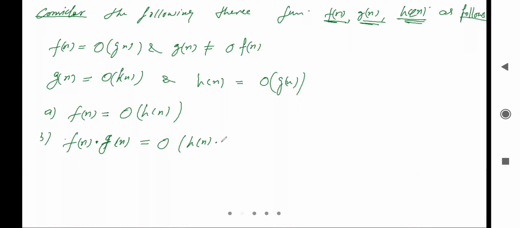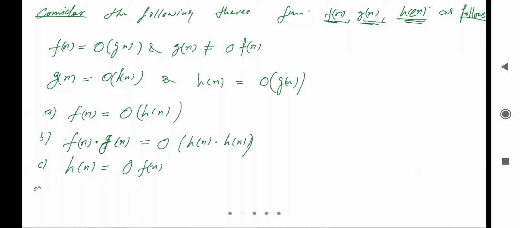This is for the first statement, option B. And option C: h of n equals order of f of n.